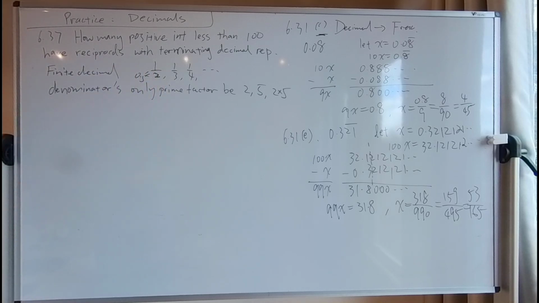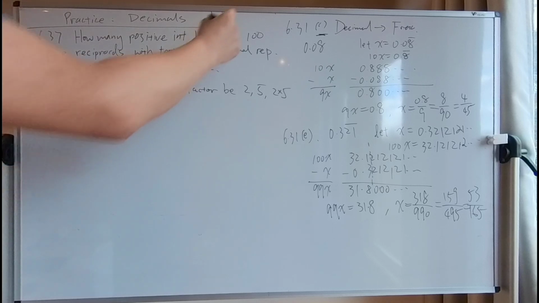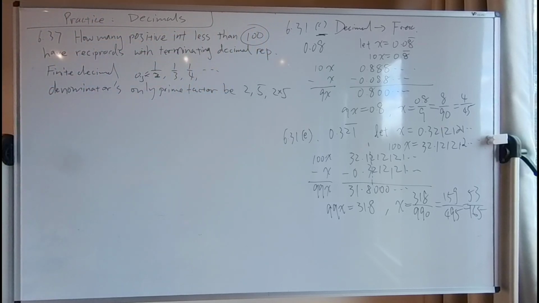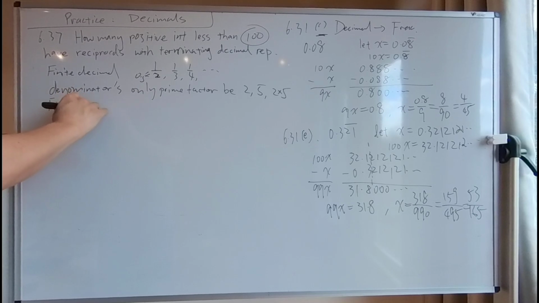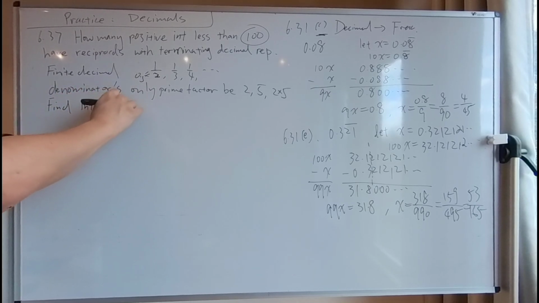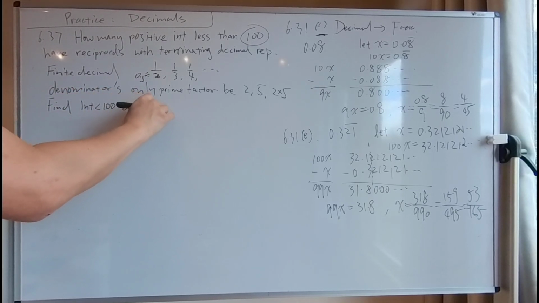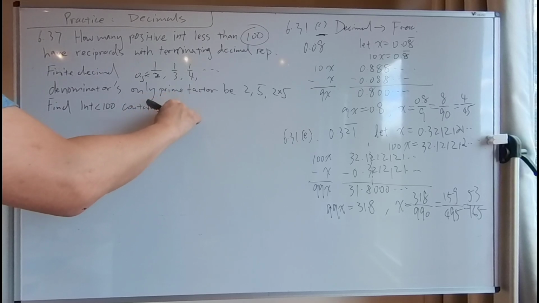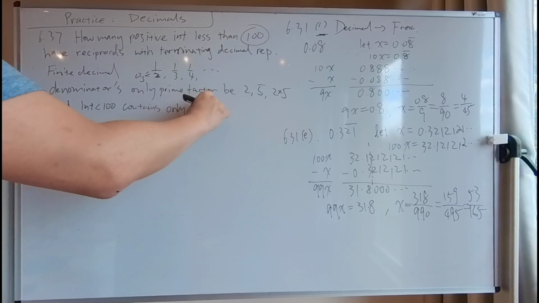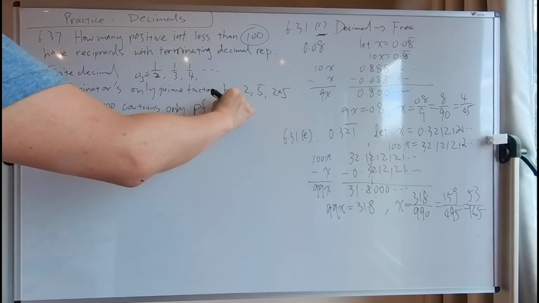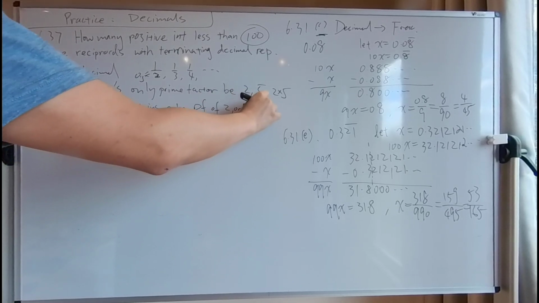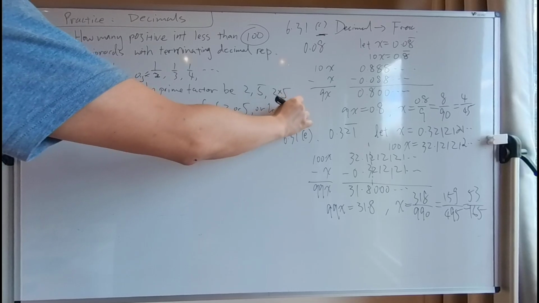So this question can be converted to looking for integers less than 100 that contain only the prime factor 2 or 5 or both 2 and 5.